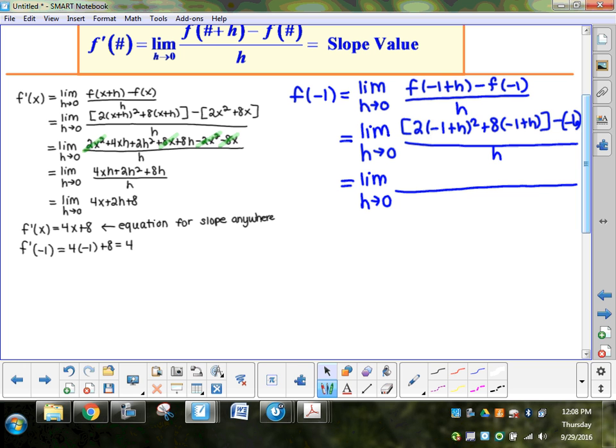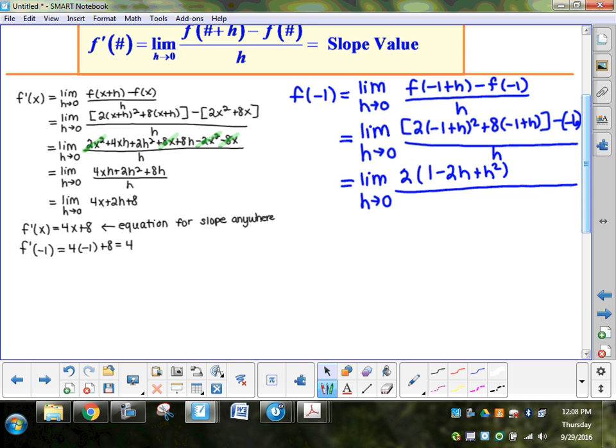Now, let's evaluate what this is going to become. This is a more direct way, somewhat. Once we get to here, I say, all right, -1 plus h. If I square that, -1 times -1 would give me a 1. Outside and inside would be minus 2h, then plus h squared.